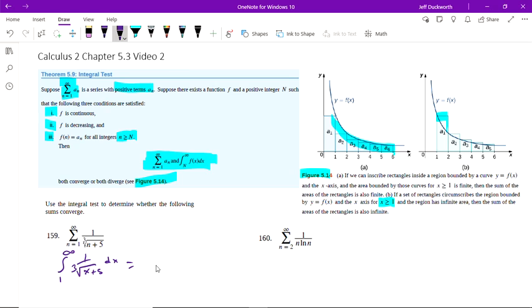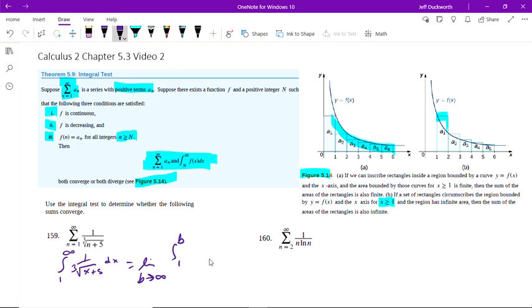All right. So we're going to take a limit as b goes to infinity of the integral from 1 to b. Now small b is what I use. Let's be consistent.